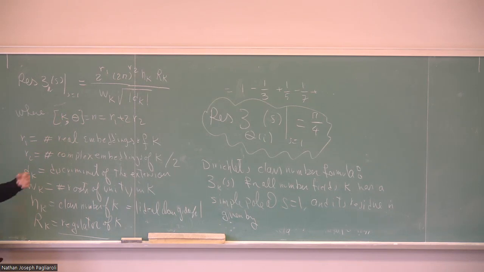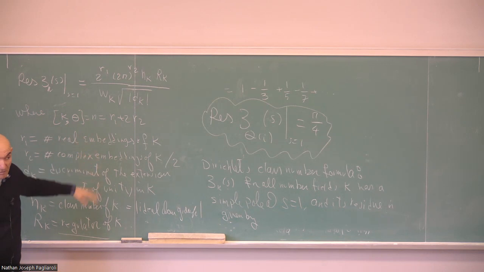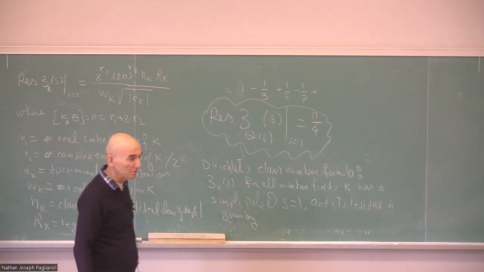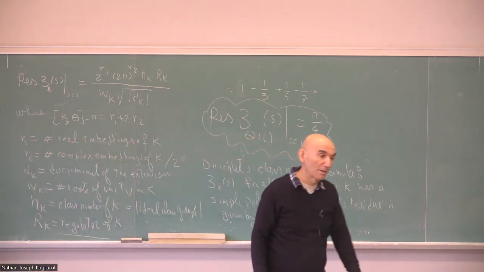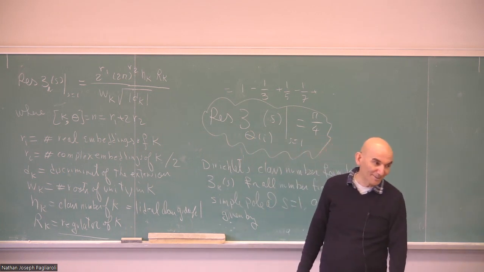They were not working in the context of number fields. It was Dedekind who switched the gear to number fields in a sense. But I don't think Dedekind even had it. It could be that it was even in the 20th century that Hecke proved it in general. I'm not sure. I don't know the history.